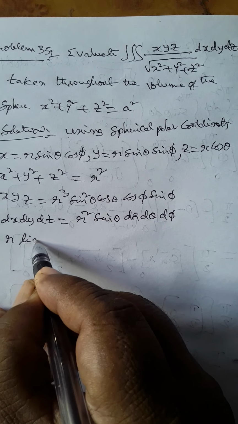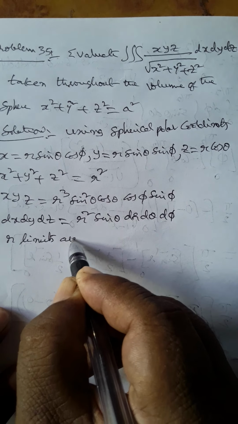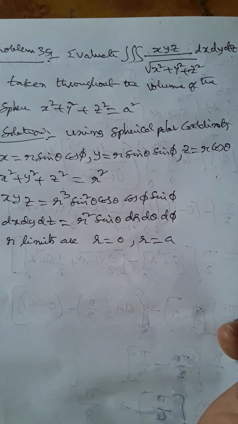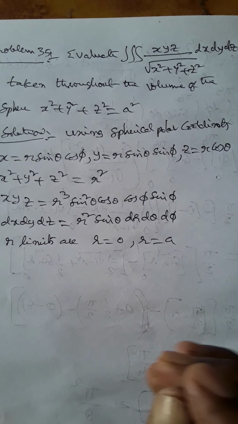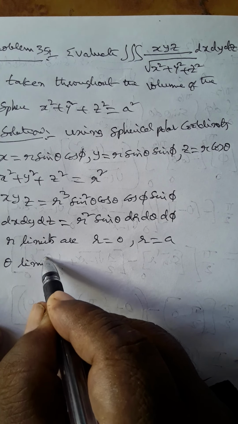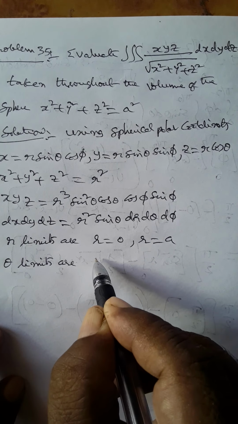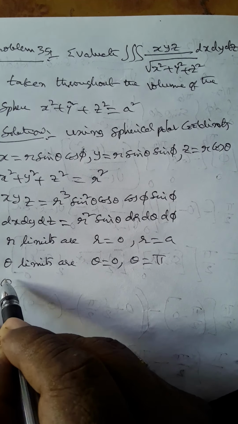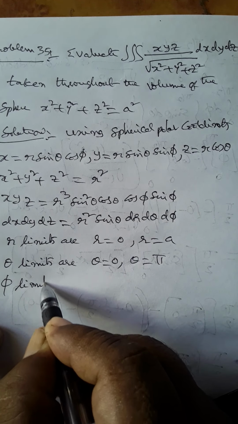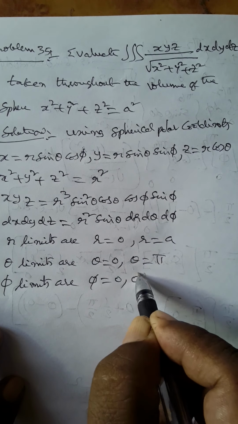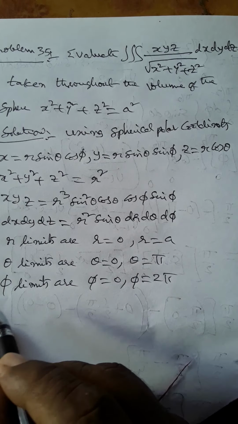R limits: r is equal to 0, r is equal to a, radius a. Theta limits: theta is equal to 0, theta is equal to pi. Phi limits: phi is equal to 0, phi is equal to 2 pi.